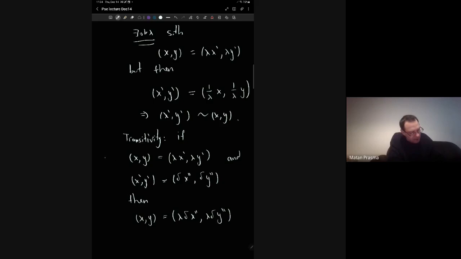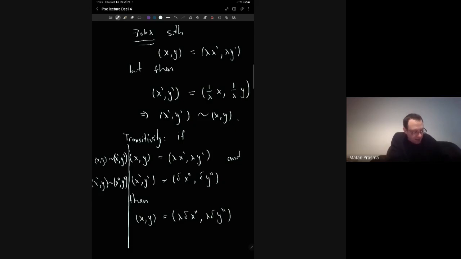So if I have that xy is equivalent to x prime y prime, and I also have that x prime y prime is equivalent to x double prime y double prime, that means that there exists a lambda with the first equality, and there exists a delta with the second equality.